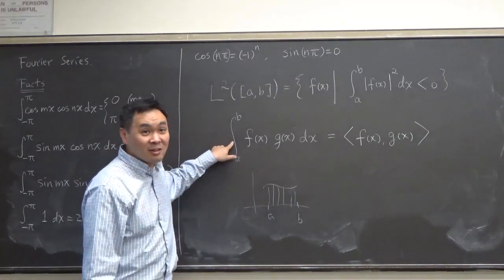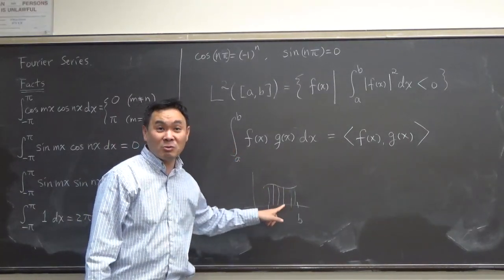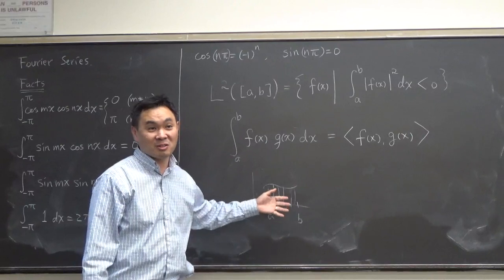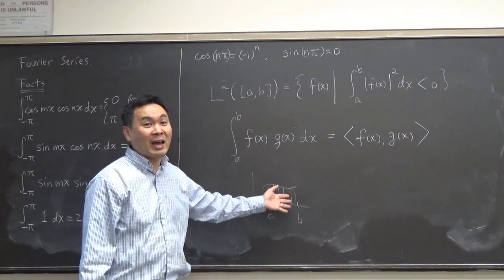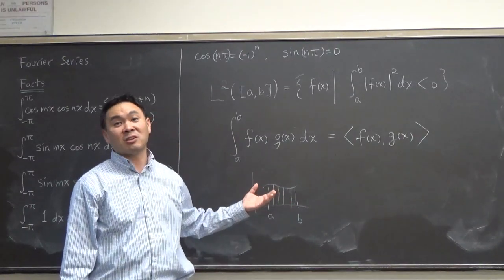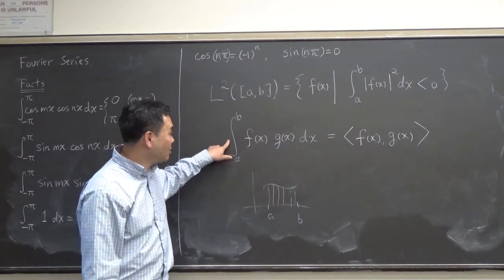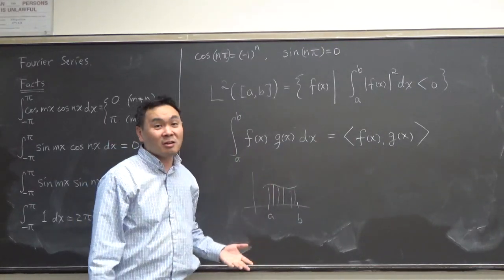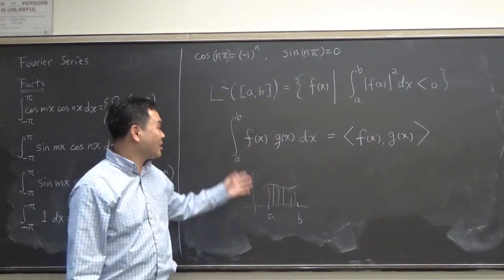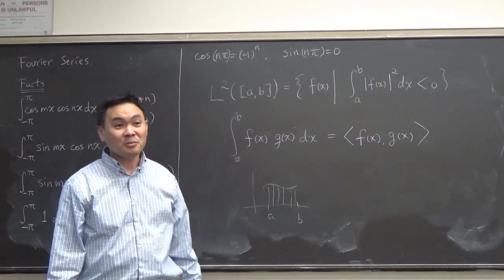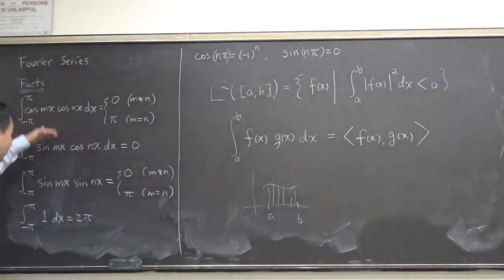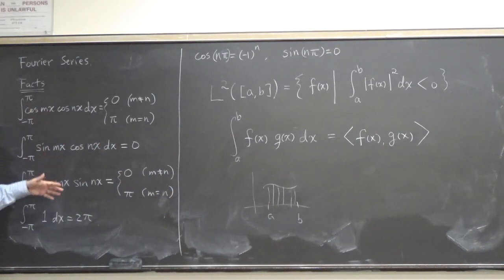And because you have infinitely many, and it's not even countable, you can't add them by just doing sigmas. You have to do the integration. Now if you do the integral with these, then it's like a dot product. So what we're doing here is a dot product of two functions.